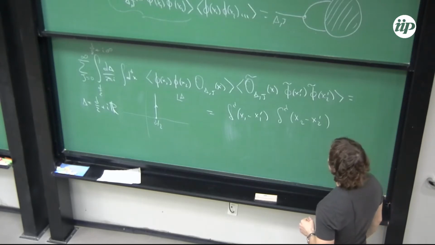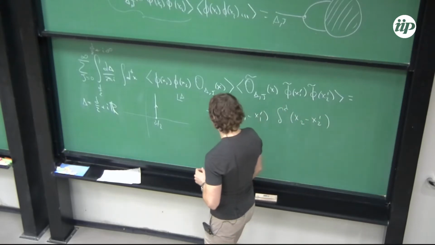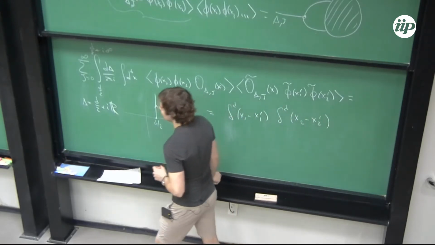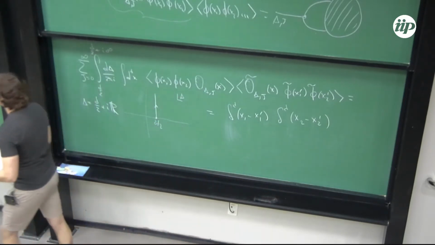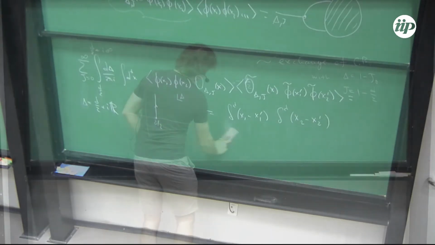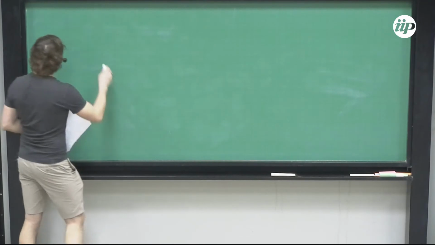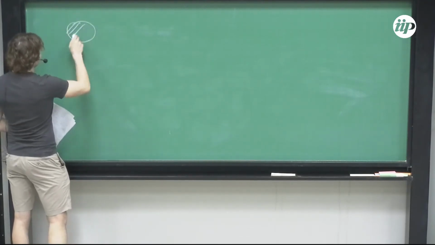So what this means is that we can write our 4-point function again in the following form. I'll just draw a diagram.